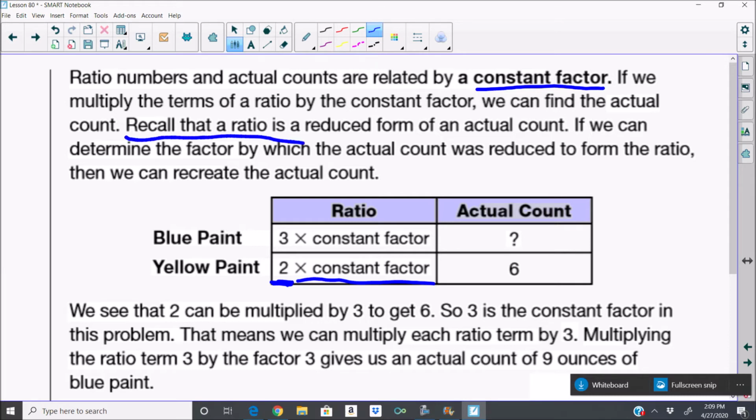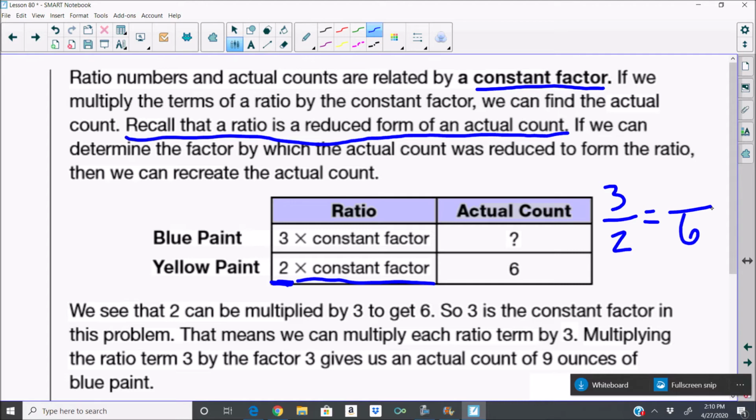This is saying our fraction, which is our ratio, is a reduced form of actual count. That's simply a reduced fraction of something with 6 as the denominator. If we can determine the factor by which the actual count was reduced to form the ratio, then we can recreate the actual count. Okay, let's just make this super simple.